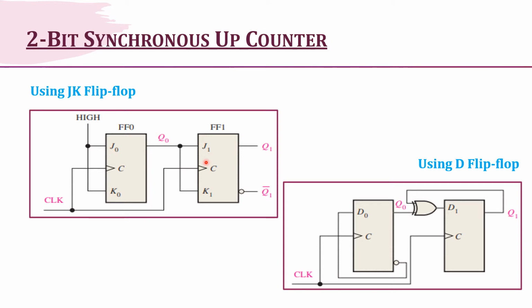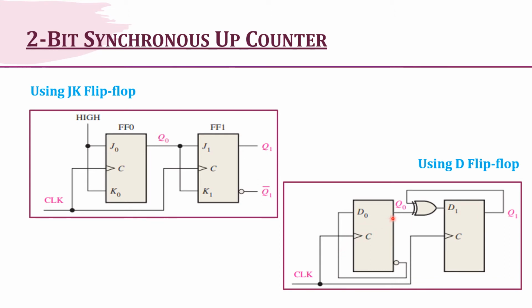Now let's look into the 2-bit synchronous up counter designed using D flip-flops. As you know, to make a D flip-flop work in toggle mode, we need to connect its Q bar to the input terminal. So Q0 bar is connected back to D0, and both the flip-flops are triggered by the positive edge of the clock.